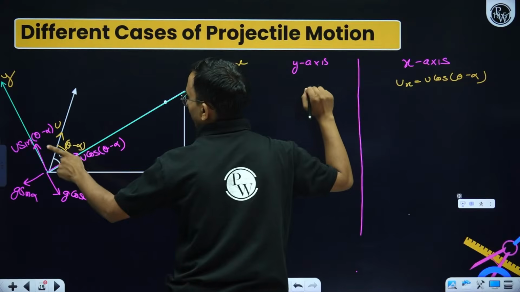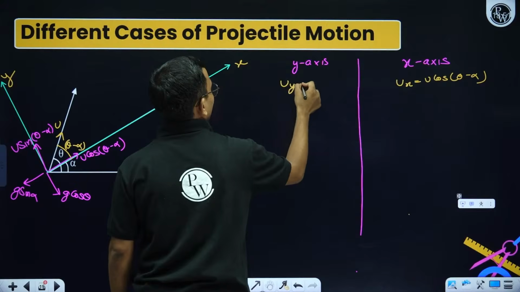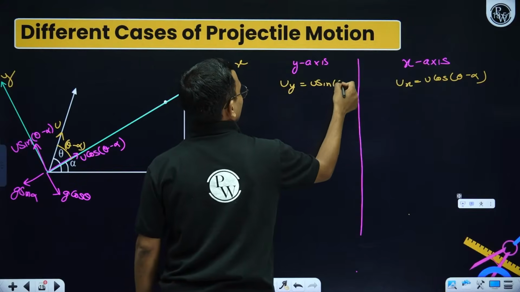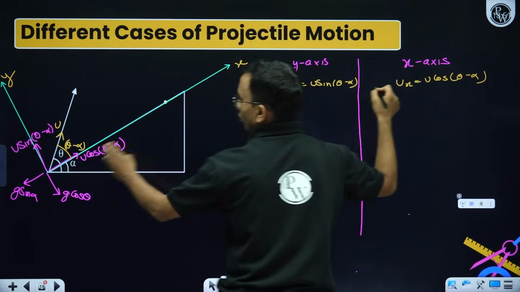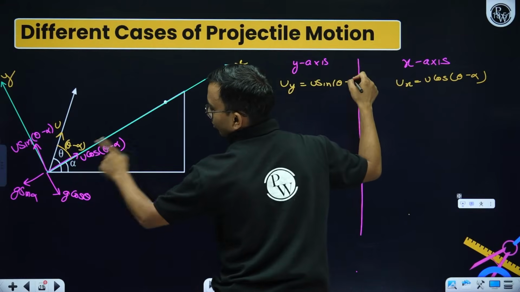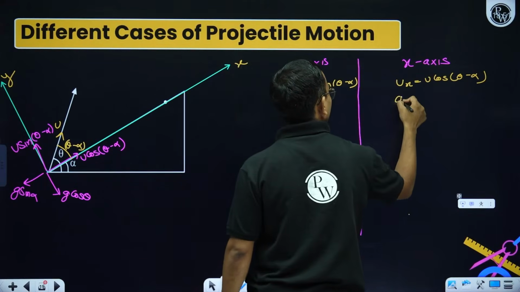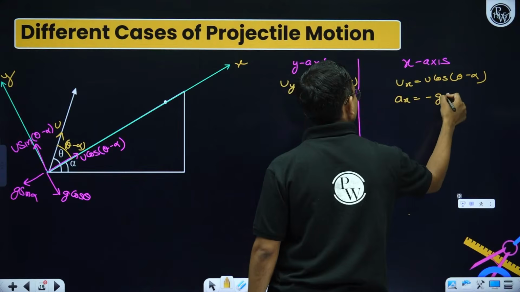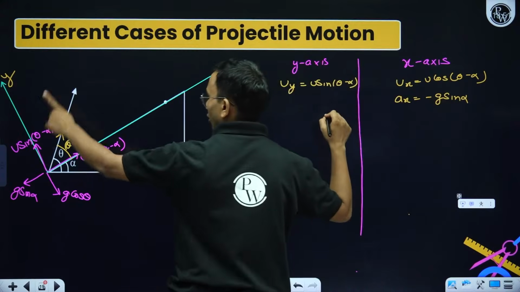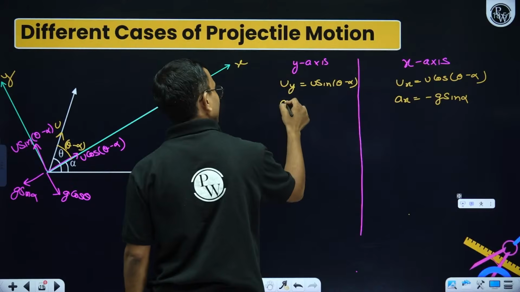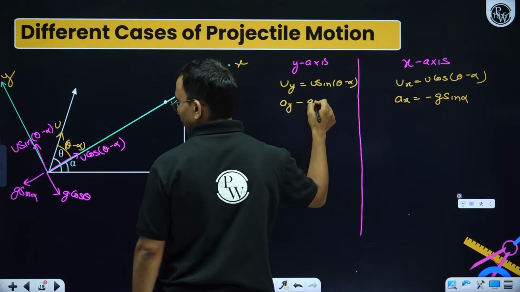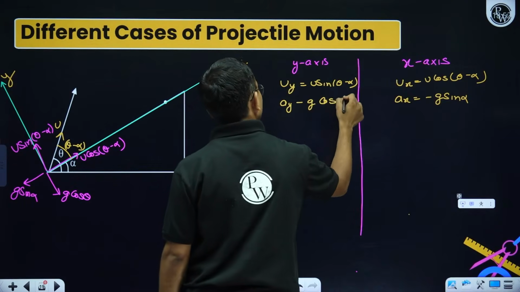Initial velocity along y-axis, u sin of theta minus alpha. Acceleration along x-axis, minus g sin alpha. Acceleration along y-axis, minus g cos of alpha.